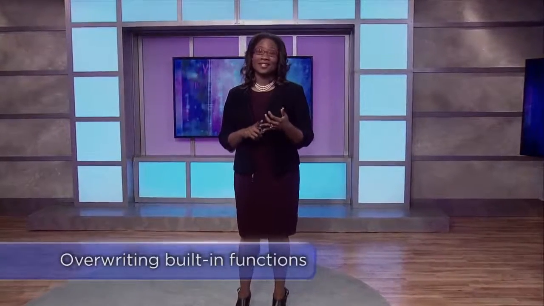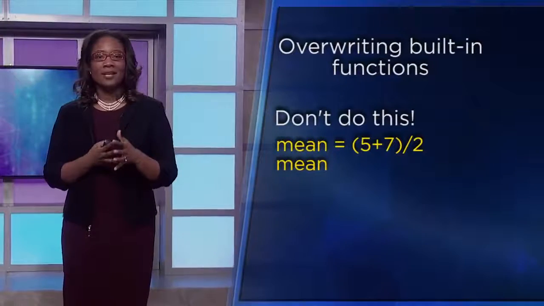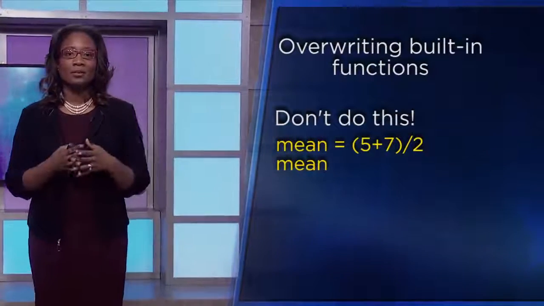Now, R has a couple of pitfalls that I don't want you to fall into. One problem that my students have frequently when they first start using R is that they overwrite built-in functions. For example, they've got a data set that they want to take the mean of, and they set mean equal to the average of their points in their data. For example, they might assign mean equals 5 plus 7 over 2.